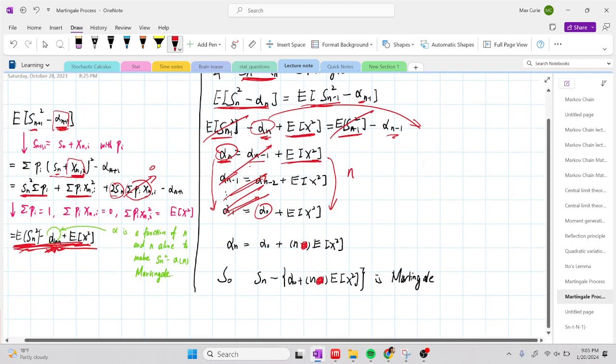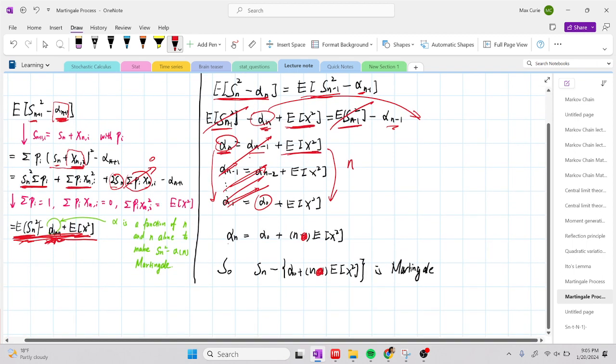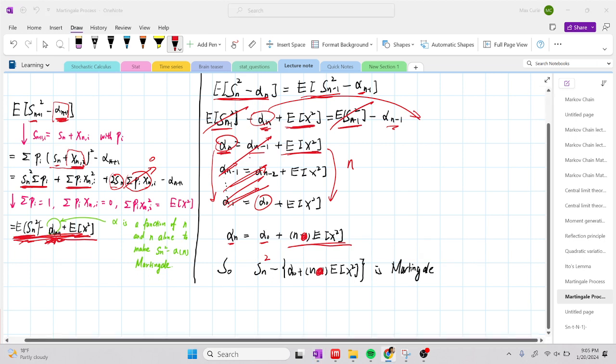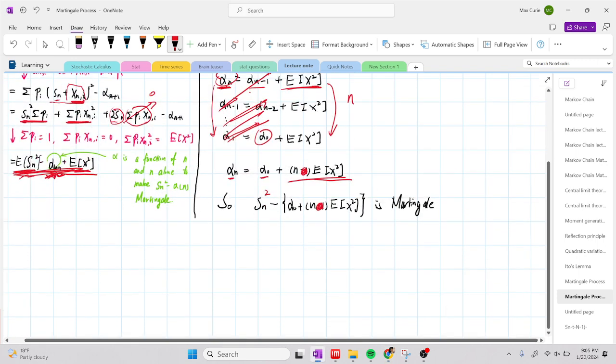Then we have essentially alpha n equals alpha naught plus n times the expectation of x squared. Thus we have Sn squared minus alpha naught plus n times the expectation of x squared is a Martingale.